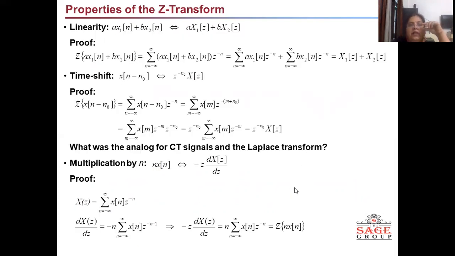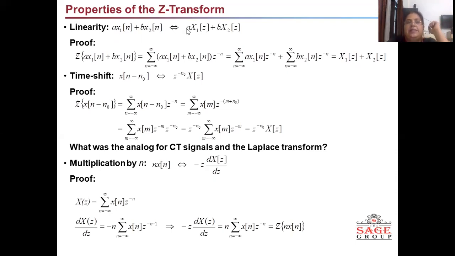Now we'll discuss some properties of the Z transform, like linearity. We know that linearity follows the superposition theorem, which means that if more than one signal acts on a system, then the total response of the system is the sum of the individual responses. So this property shows that signal one is multiplied by a coefficient a, and signal two is multiplied by coefficient b.